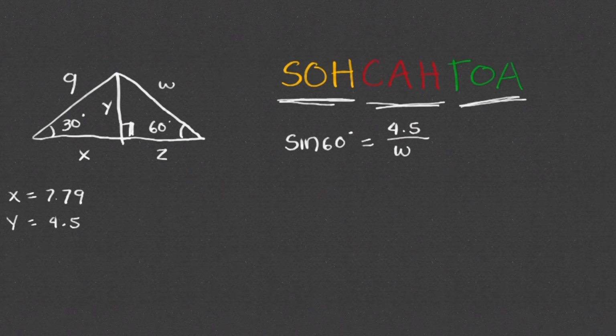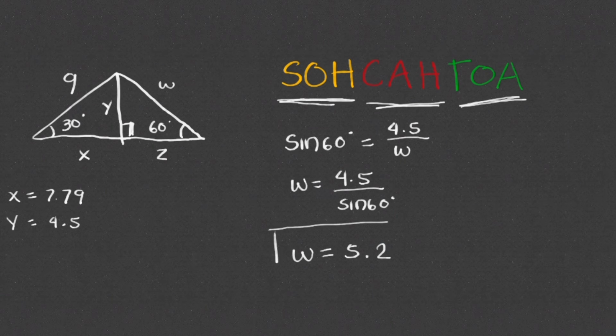Since the w is a denominator, to solve for w, we need to cross multiply the w to the numerator, and also cross multiply the sine 60 to the denominator. Therefore, it will become w is equal to 4.5 divided by sine 60 degrees. Therefore, w is equal to 5.2.